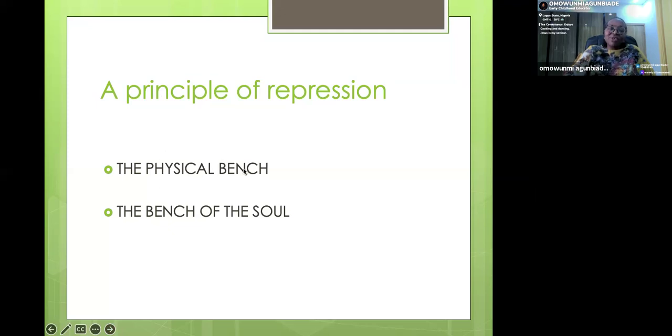So there was the physical bench, and of course, the bench of the soul. The physical bench refers to the classroom furniture that children were meant to sit in. Unfortunately, even in the 21st century we still have this kind of furniture that restricts movement.